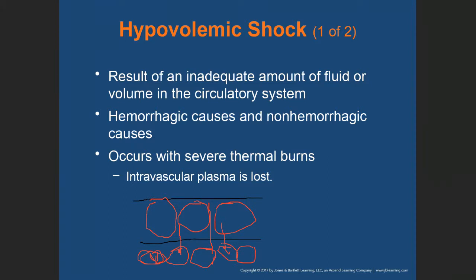So the plasma starts to leak into the tissue cells. So there is a depletion of volume in the blood vessel because the plasma is leaking out of the blood vessel, and it eventually ends up inside the cell.